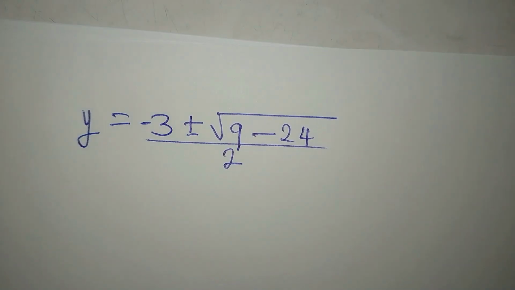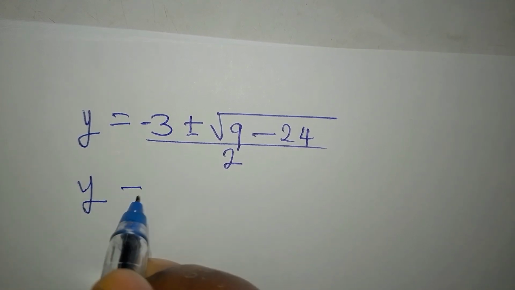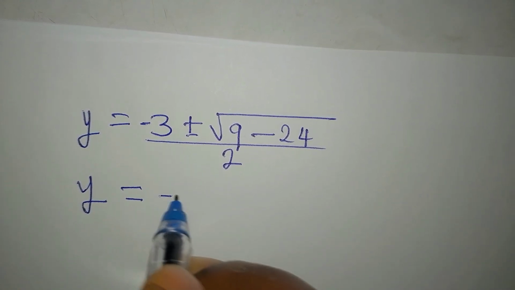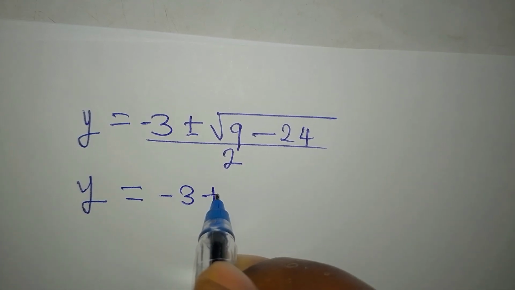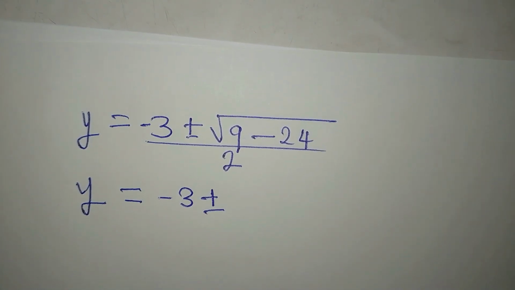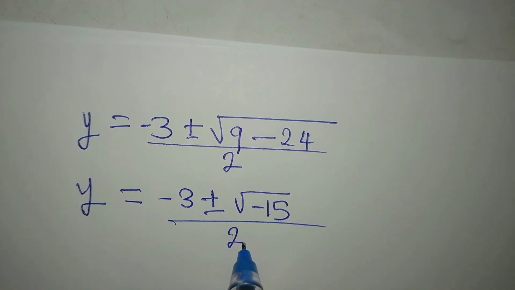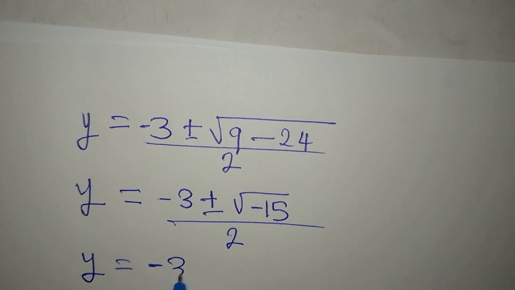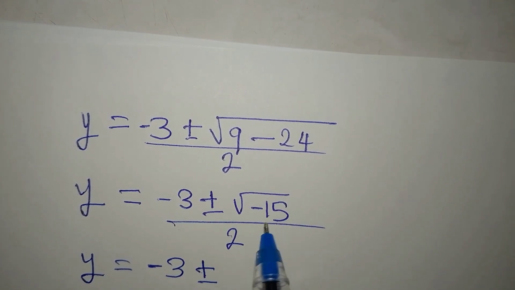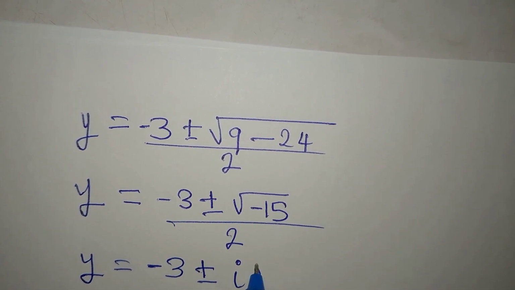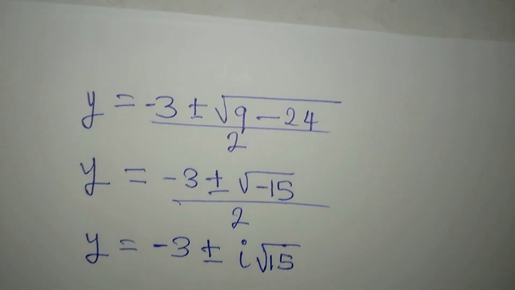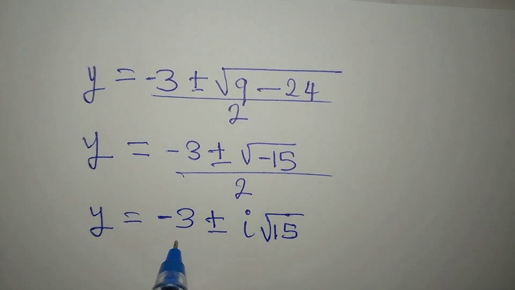Okay, so we continue from here, so that y will be equal to minus 3 plus or minus square root of minus 15 all over 2. Now, what if I pick out this negative and get it as imaginary i? Then I have square root of 15. So this way, if you want to get a decimal solution, you can press your calculator. Then we divide this by 2.